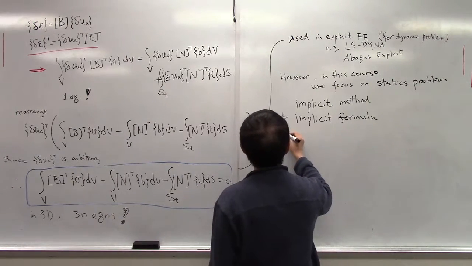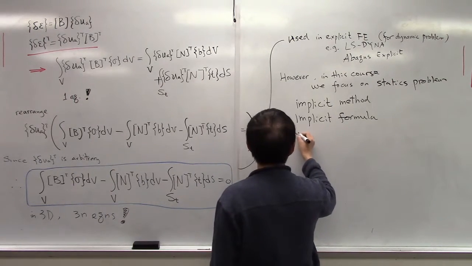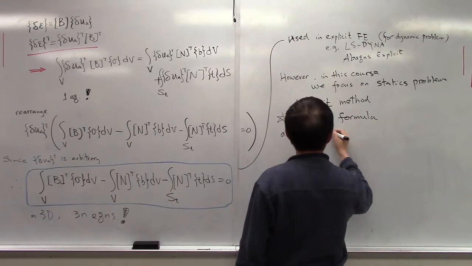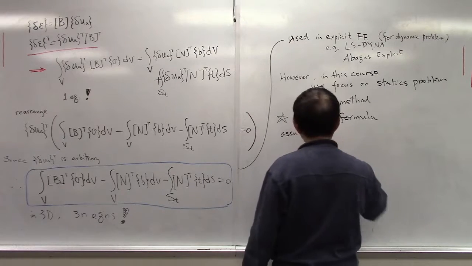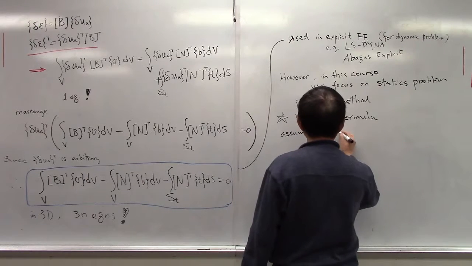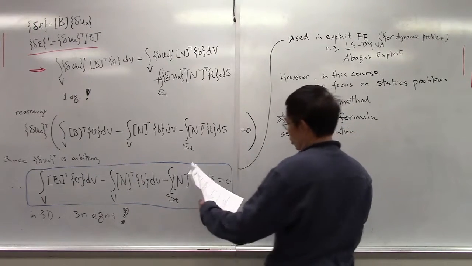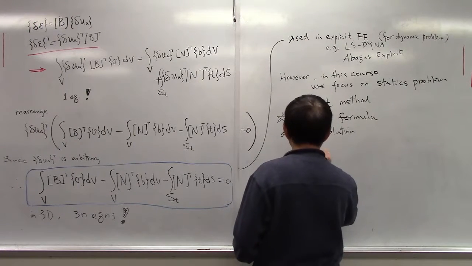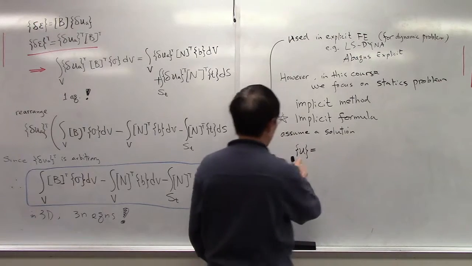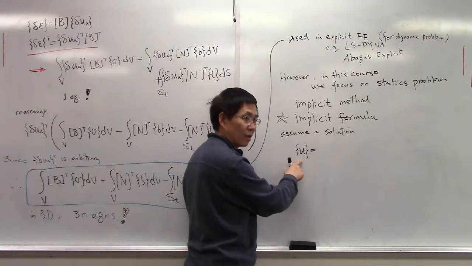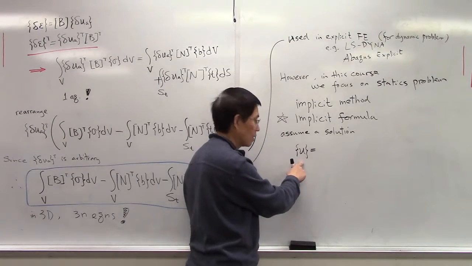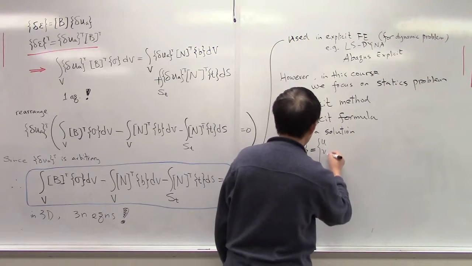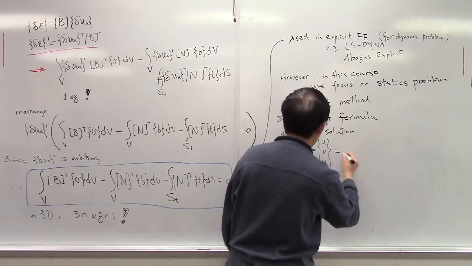Now we assume an approximate solution. Assume a solution, which is this. The solution is a 3-component vector form, okay? You have U, V, W. You can write it in component form as U, V, W.